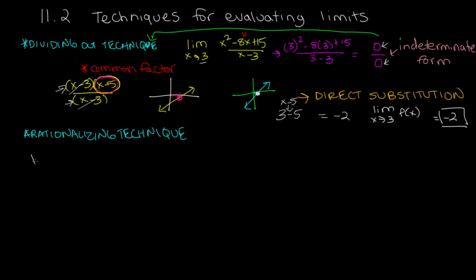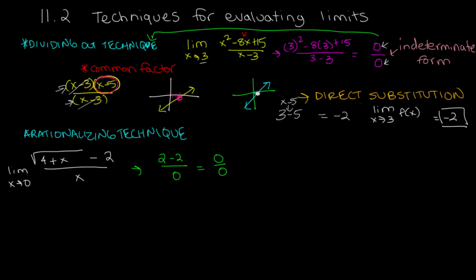We have the function, the root of 4 plus x minus 2, all over x. We want to find the limit as x approaches 0. So again, we're going to try to use direct substitution, and when we do that, we get the root of 4, which is 2, minus 2 over 0, which is equal to 0 over 0.